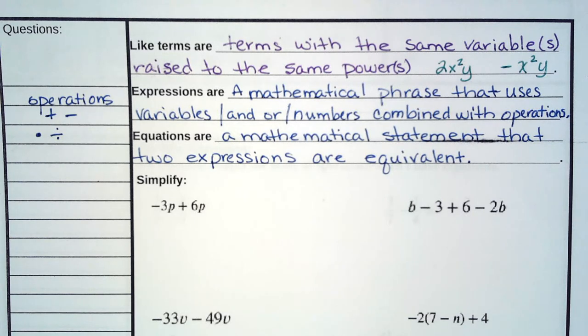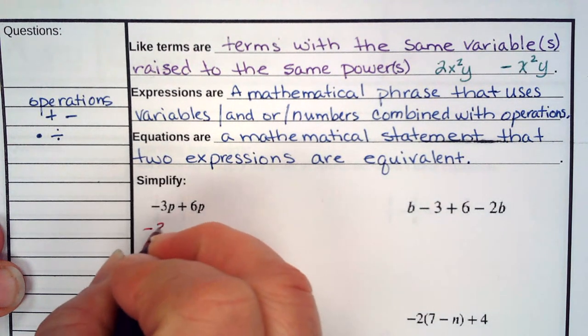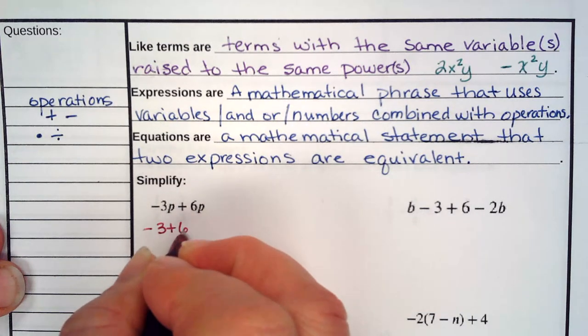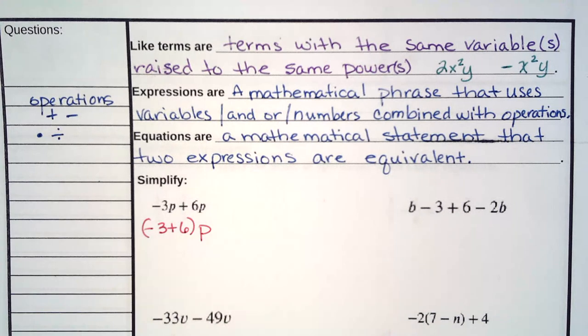So the way we deal with the expressions, if they have the same base and the same exponent, all we deal with are the coefficients. The coefficients are the numbers in front of the variables. So if I'm looking at this one, -3 plus 6 are my coefficients, followed by the p.